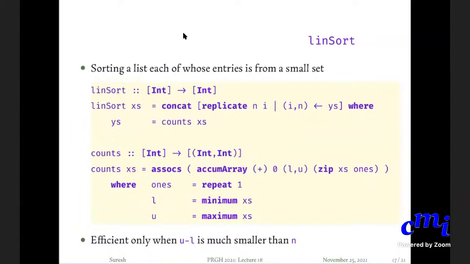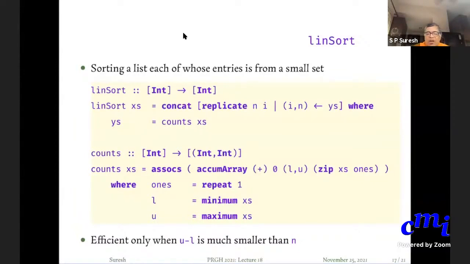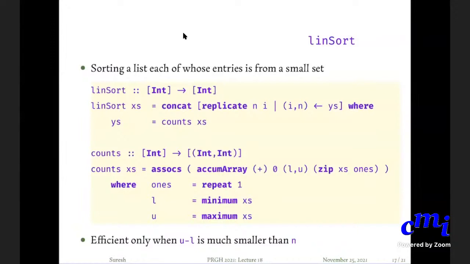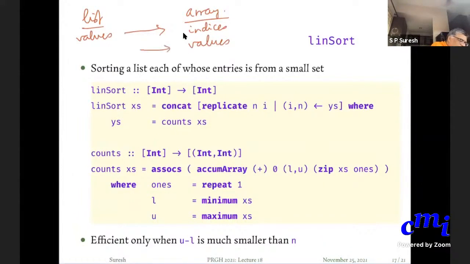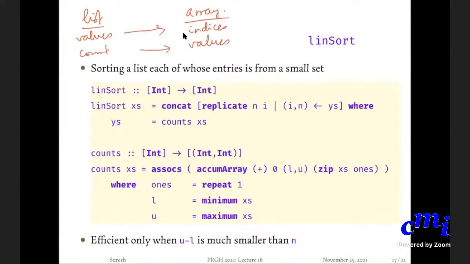Sir, I didn't understand why L and U are minimum and maximum. Because, remember, not in general, but in this problem, the indices of the array are the values of the list, and the values of the array are the counts, the count of number of occurrences.